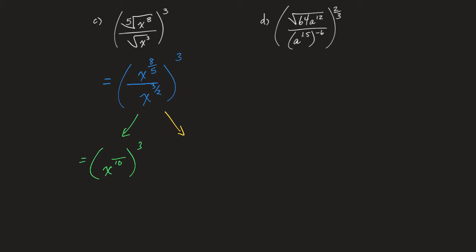If I change 8 fifths into tenths, then that's 16 tenths. And if I change 3 halves into tenths, then that's 15 tenths. Okay, that becomes x to the 1/10, all cubed. And I can finish that off by having a power raised to an exponent, so multiply my exponents. There we go.